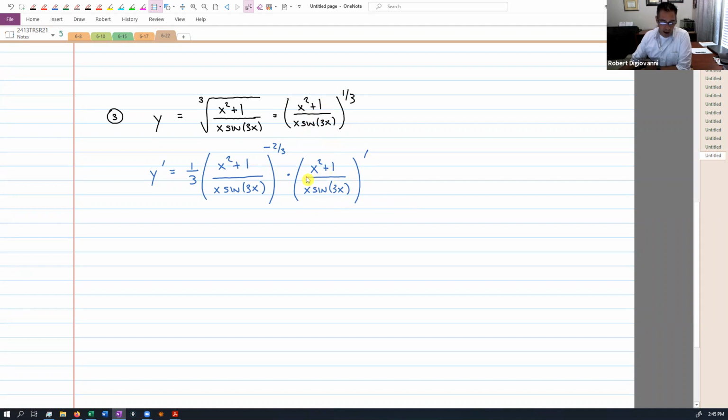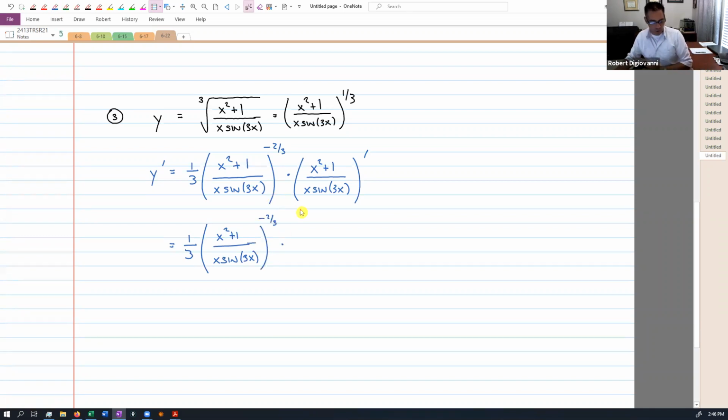Now we need to do that. How do we take the derivative of this? It's going to require the quotient rule. So if I were to continue, I'd write 1/3 times x squared plus 1 all over x sine of 3x, all of that to the -2/3, times.